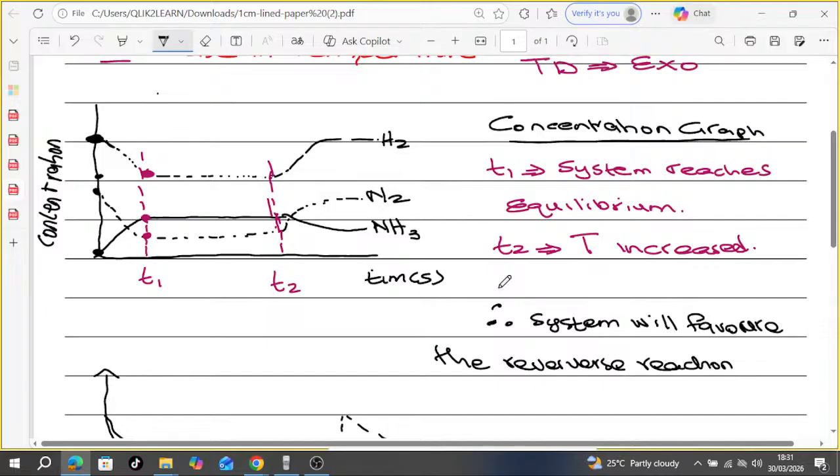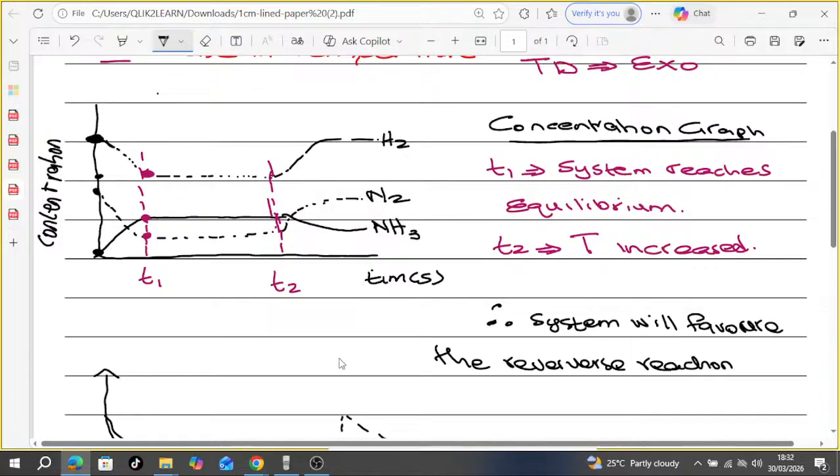So now we need to analyze the concentration of what? The concentration of the reactants and the product. Tell me, what is going on with the concentration of the reactants? Look at the graph. What is going on with the concentration of H2 and N2?